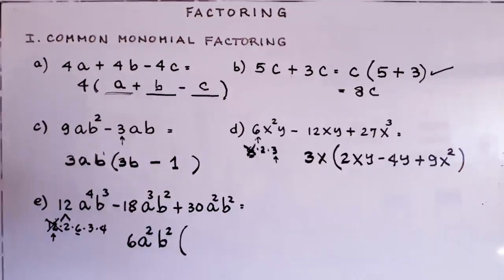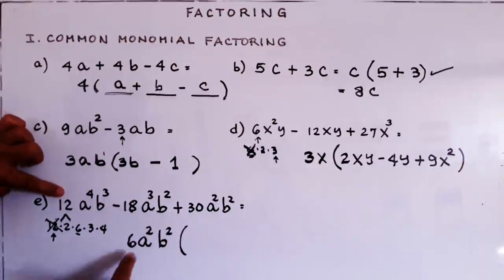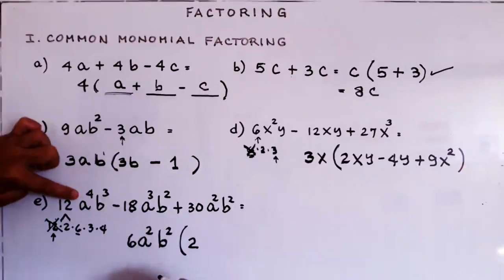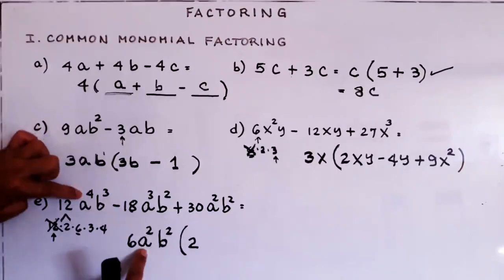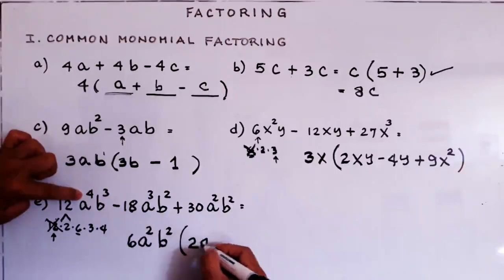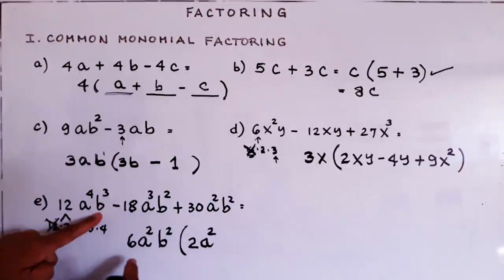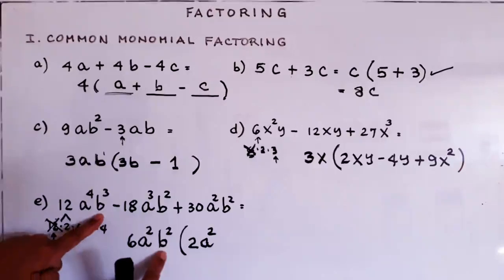So let us now divide. 12 divided by 6 is 2 here. A to the 4th divided by A squared, subtract the exponent. 4 minus 2 is A squared. B cubed divided by B squared, subtract the exponent. 3 minus 2 is B to the first.